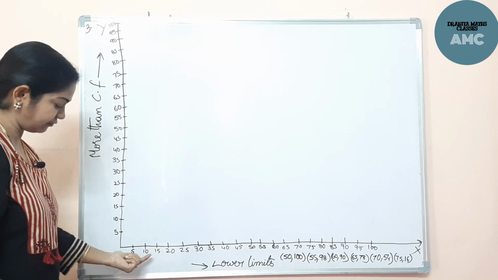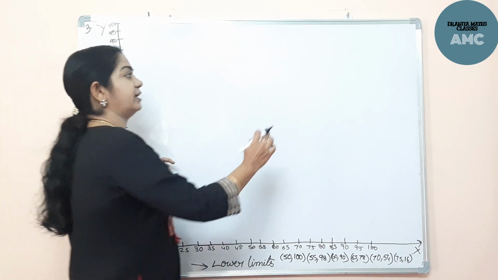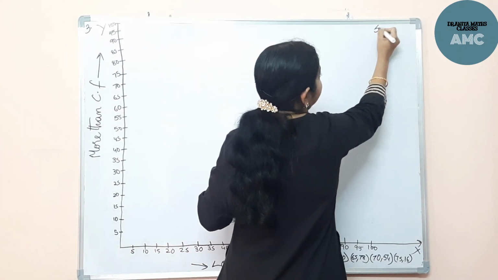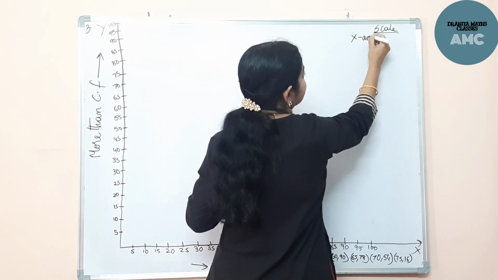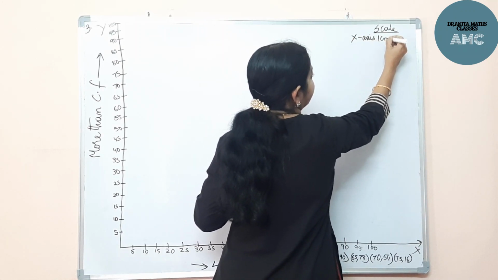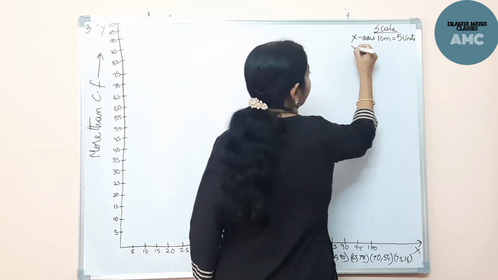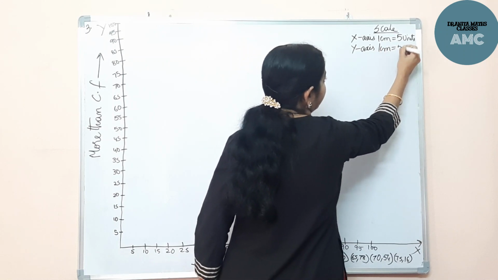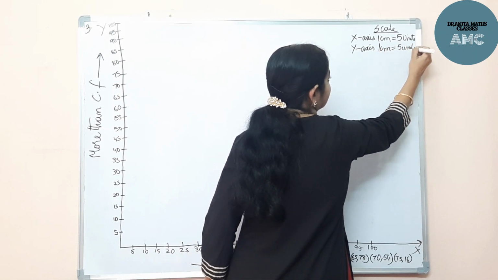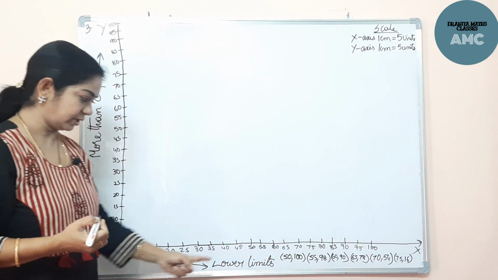I have taken 5 units here and here also 5 units. So let's write the scale first. On the x-axis 1 centimeter equals 5 units. On the y-axis 1 centimeter is equal to 5 units. So scale is very important. Now we will be plotting the points.